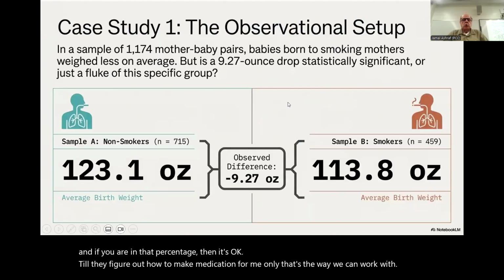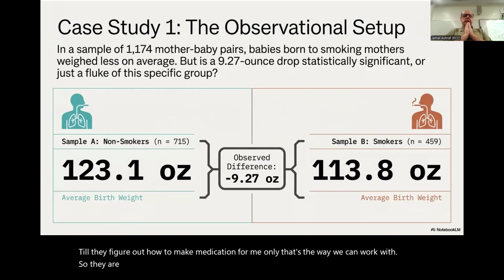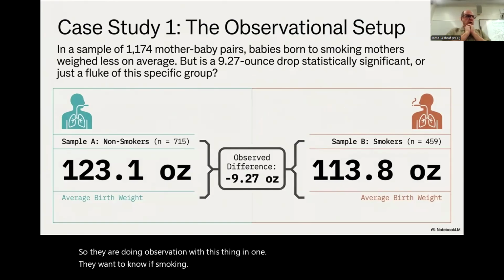Now, they are doing an observation in one hospital. They want to know if smoking mothers are going to have smaller children. So they go to this hospital and choose about 1,100 to 1,200 newborns.